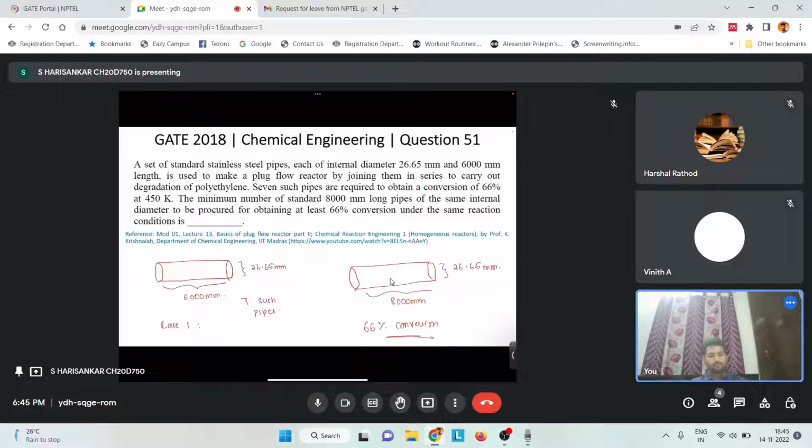So here basically the concept that we need to use is that since the reaction conversion is the same, the reaction conditions are the same, and the reaction parameters, everything with regards to the reaction is the same, that means the volume should also remain the same in order to provide the same conversion.